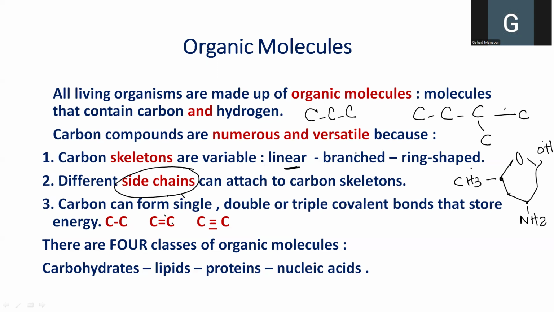The third variability in the carbon compounds results from the different types of bonding, as we said before, that can form between the carbon atoms. So we can have single bonds or double bonds or triple bonds.